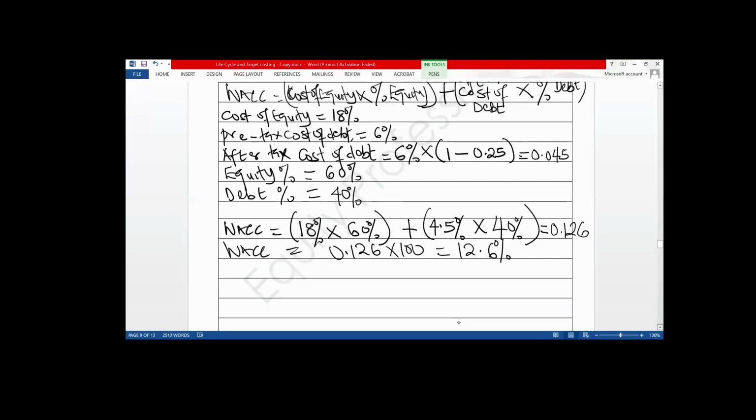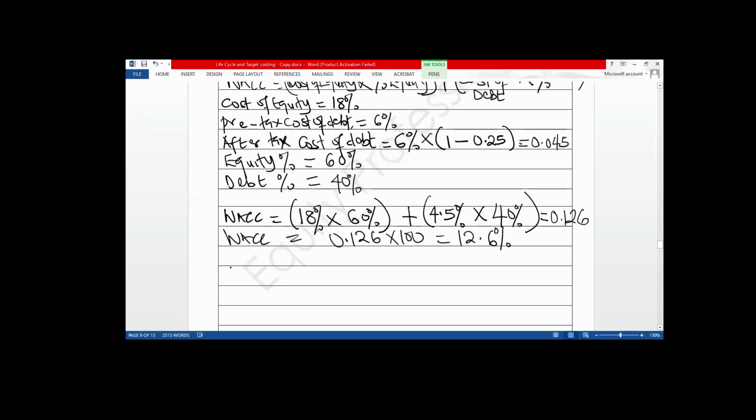You can now calculate your EVA, economic value added, equal to: pick the value for NOPAT, 41.2 million, minus, open a bracket, pick the value for adjusted capital employed, 522.3 million, multiplied by the value for WACC, 0.126.